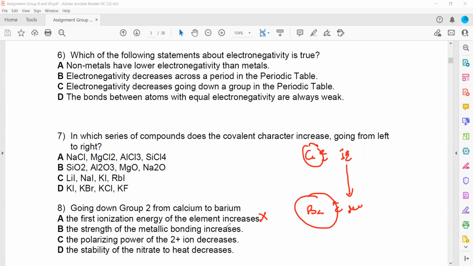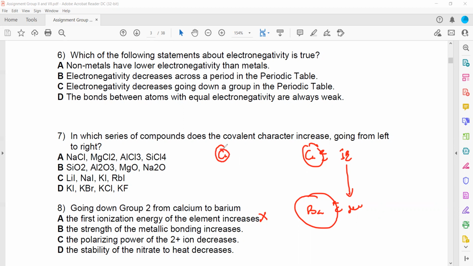The strength of the metallic bond increases. The metallic bond strength depends on the positive ion and the negative electrons, the lattice of positive ions. The size of the positive ion should be small in the lattice so that they can attract the electrons easily.